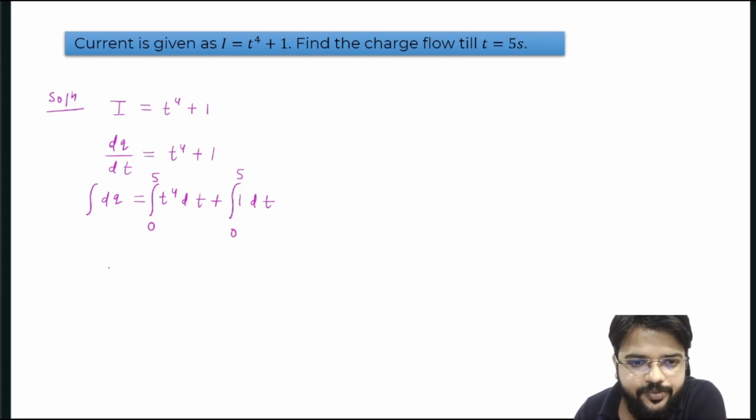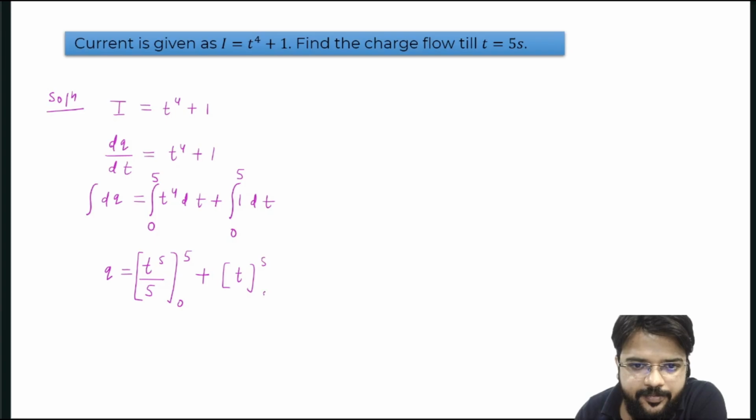Now the integration of dq is q. The integration of t power 4 is t power 5 divided by 5, with limits 0 to 5, plus the integration of 1, which is t, with upper limit 5 and lower limit 0.